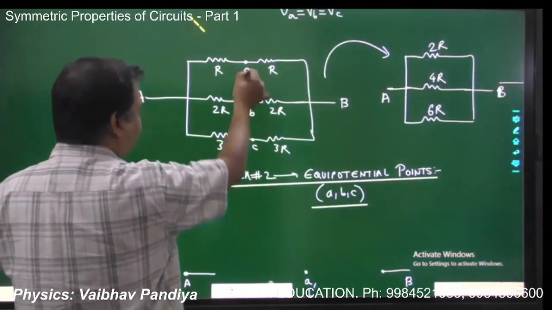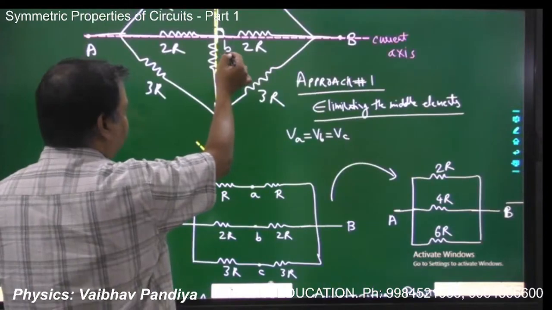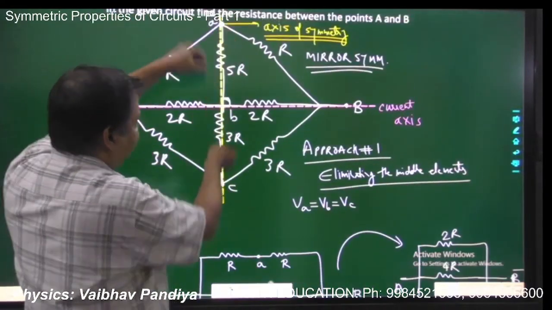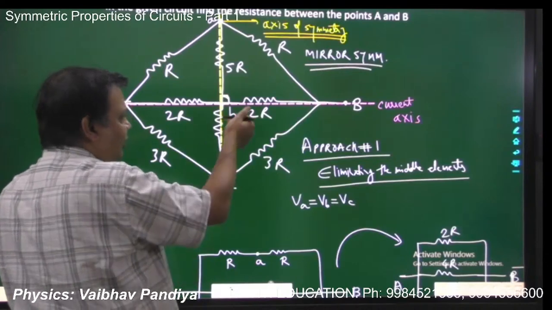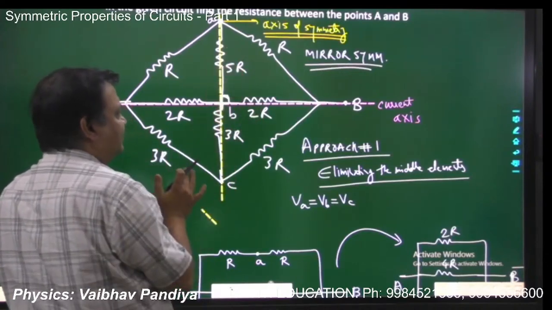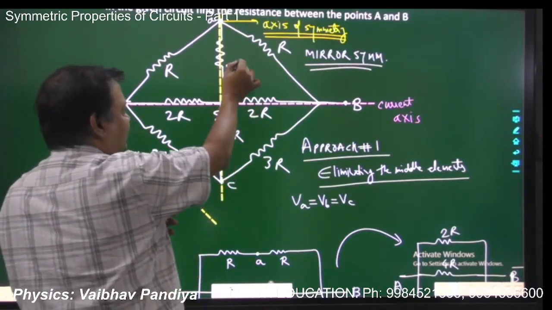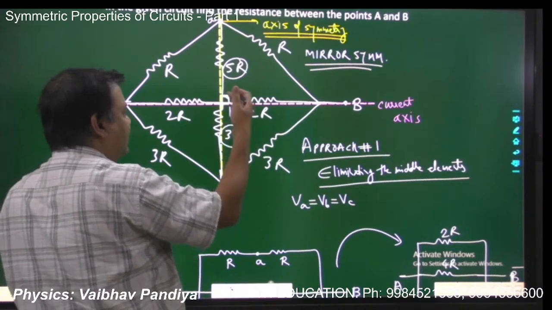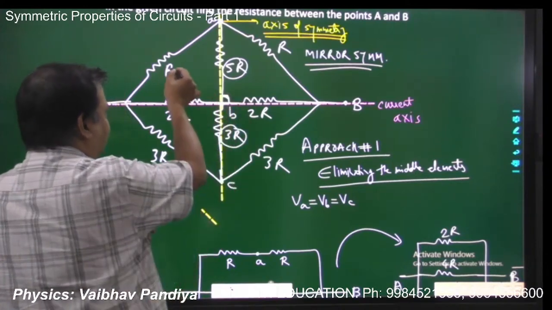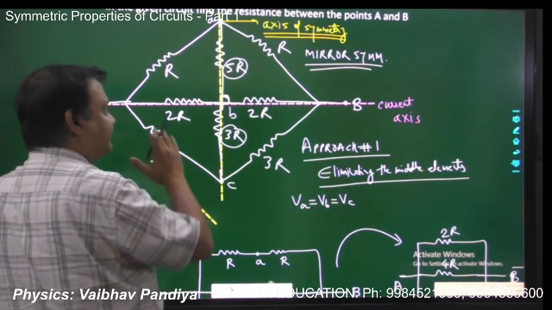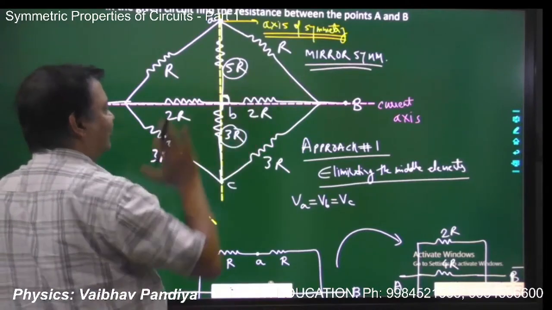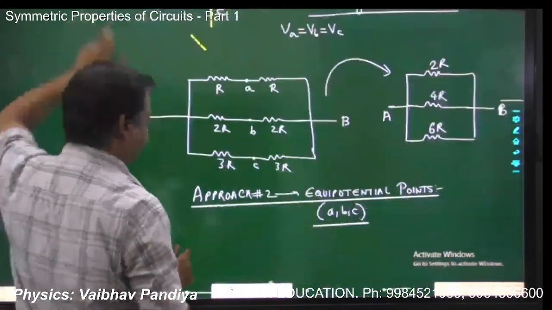Now, if you see, when you join A, B, and C in this circuit, joining means short circuiting the points A, B, and C. Already we have seen in the basics of electricity. So 5R and 3R will be eliminated. They will have no role. So this R, 2R, and 3R will be connected in parallel, and the same thing will go for the right hand side of the circuit, R, 2R, and 3R, correct?